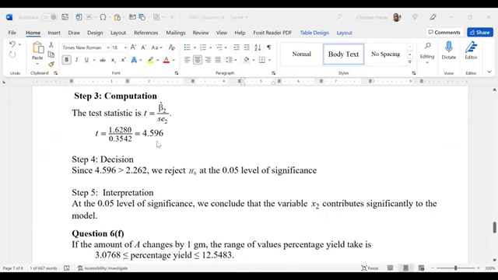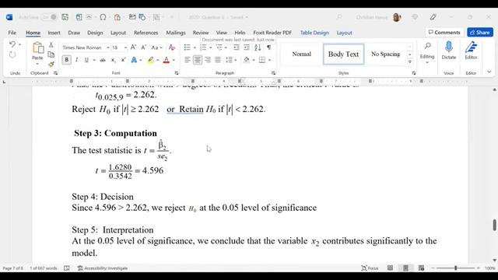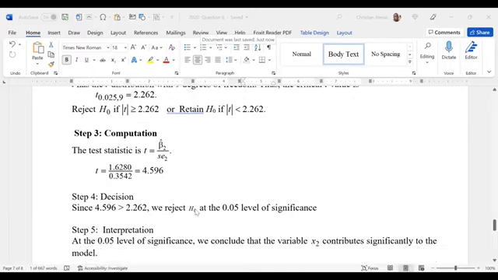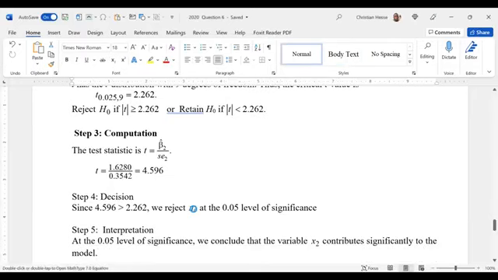So what's the T value? 4.596. Good. Is it greater than or less than? It's greater than. So because it's greater than, we reject H naught.